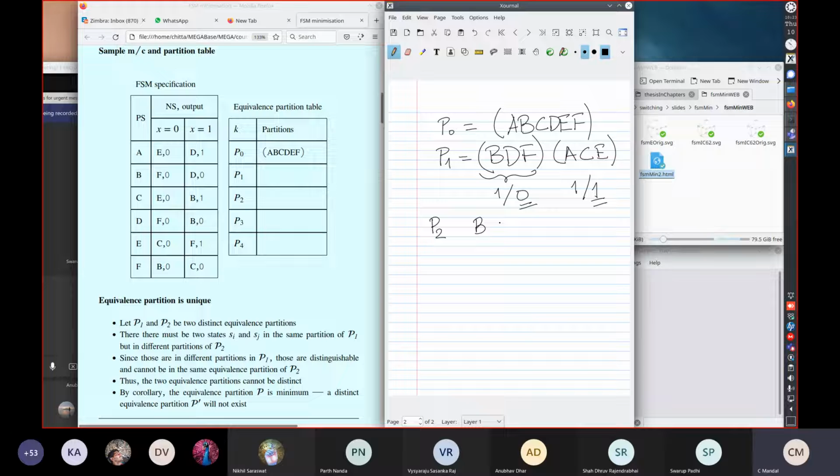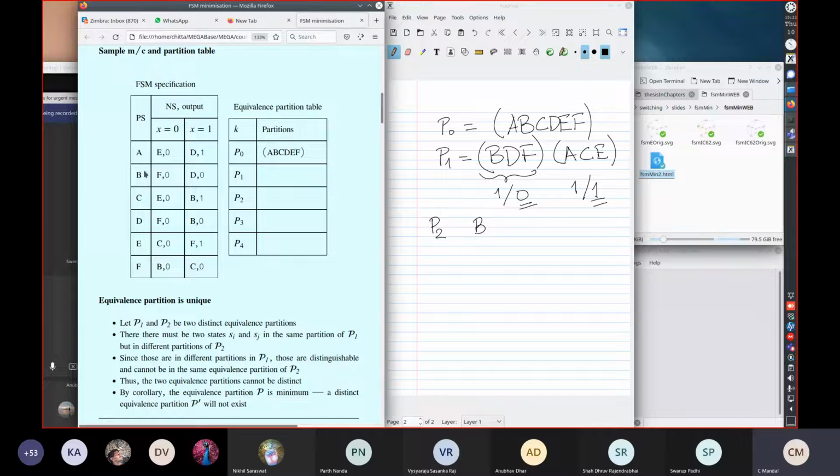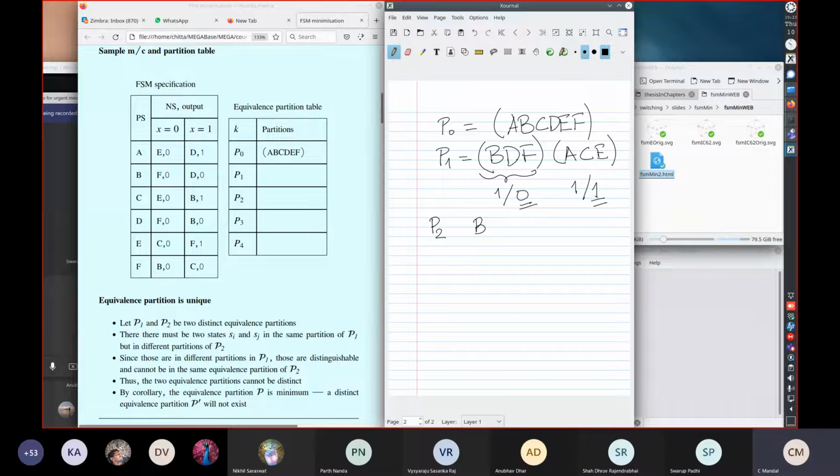Let us say D also goes to F and B. Look at the successors of B. B goes to either F or D, which are in the same partition.